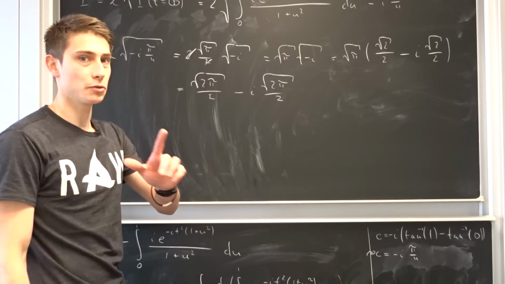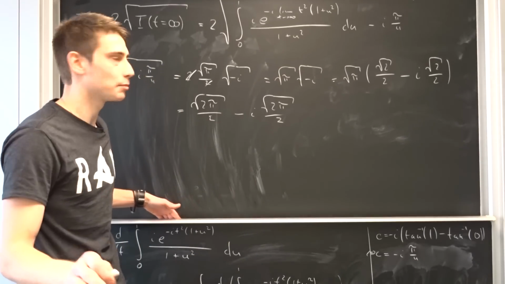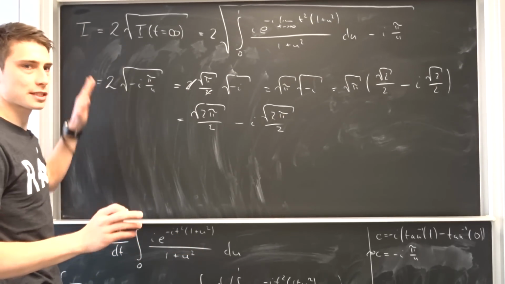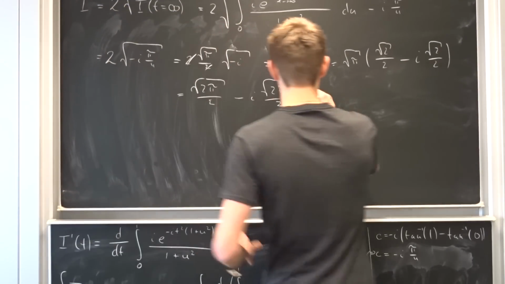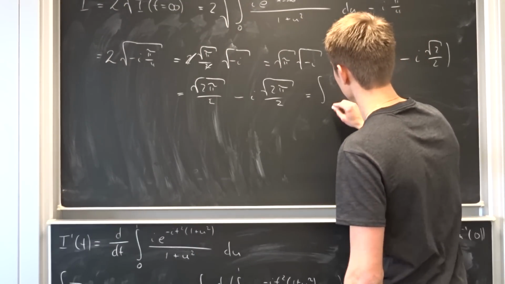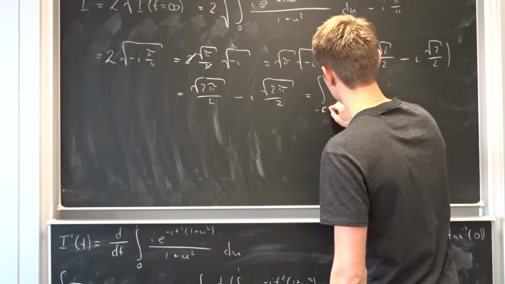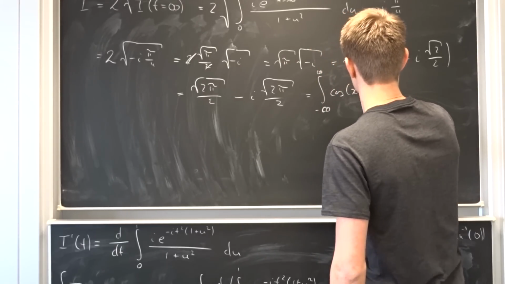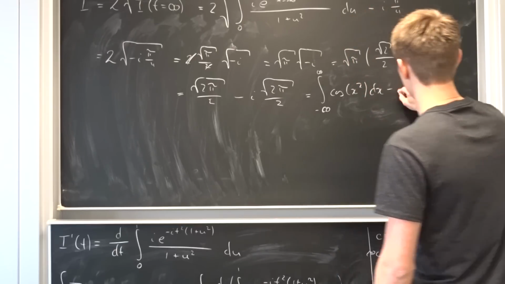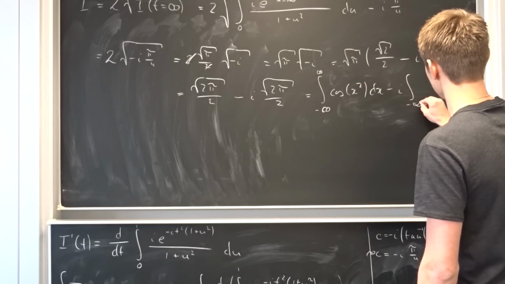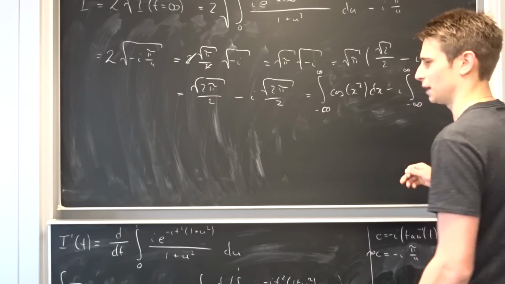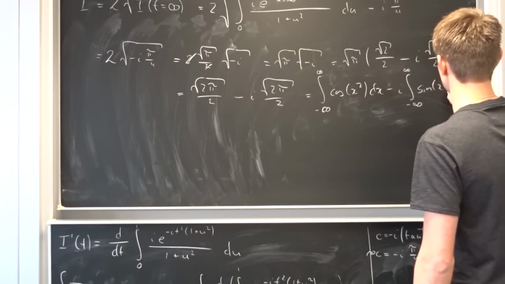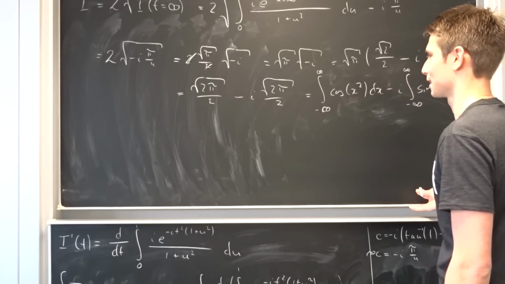And I hope you still remember what I was talking about in the beginning, because I equals some special complex number. So this is just the integral from minus infinity to infinity of the cosine of x squared times dx minus i times the integral from minus infinity to infinity of sine of x squared times dx.